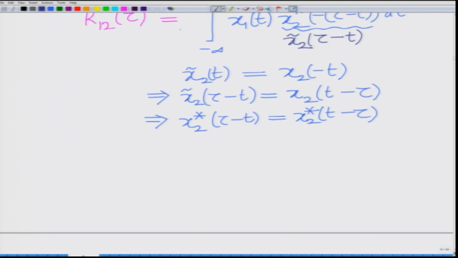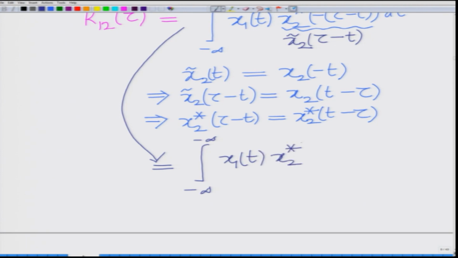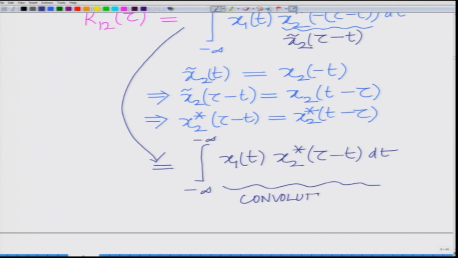So the cross correlation becomes the integral from minus infinity to infinity of x1(t) x2 tilde conjugate (tau minus t) dt, and notice this is nothing but a convolution.